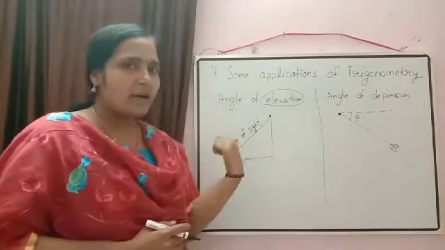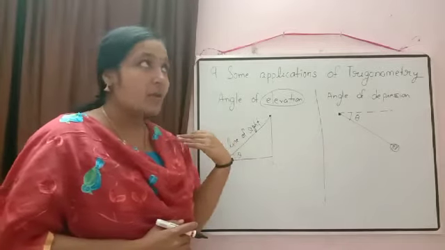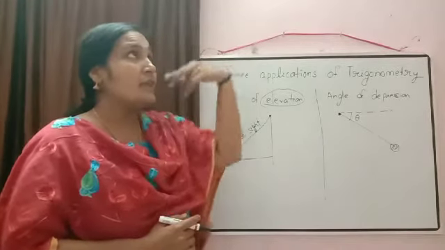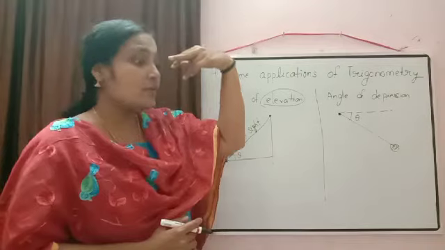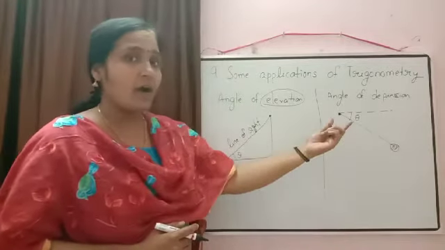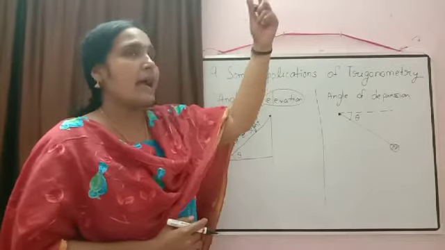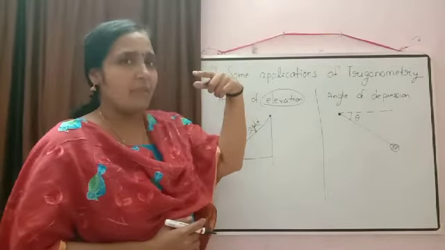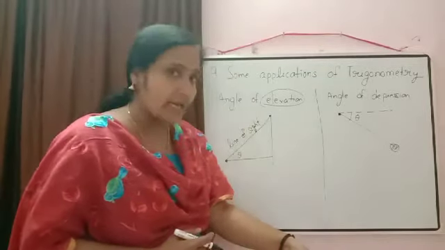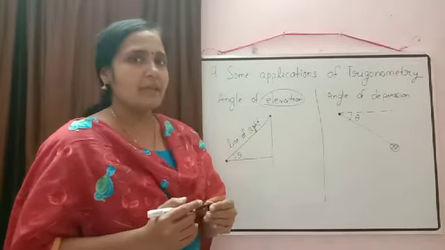Angle of elevation will be formed when you are looking upward at the object. When you are looking down, it will be the angle of depression. Clear? If we are looking up, the angle of elevation is formed. If we are looking down, the angle of depression is formed.